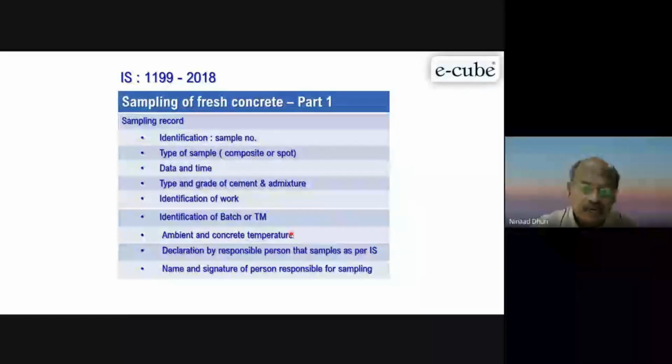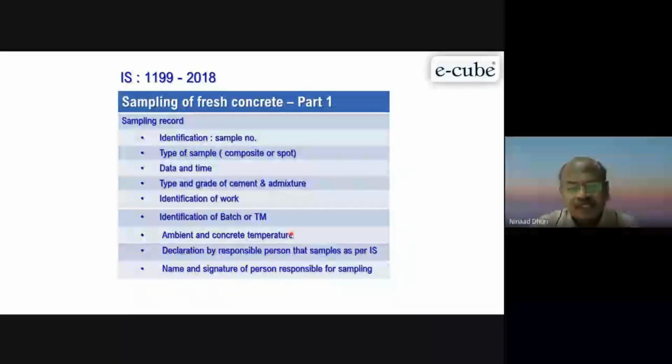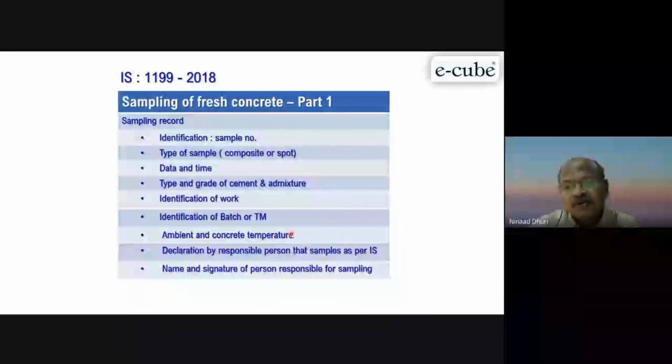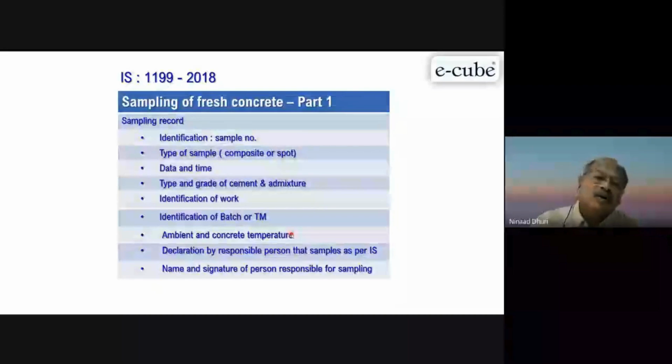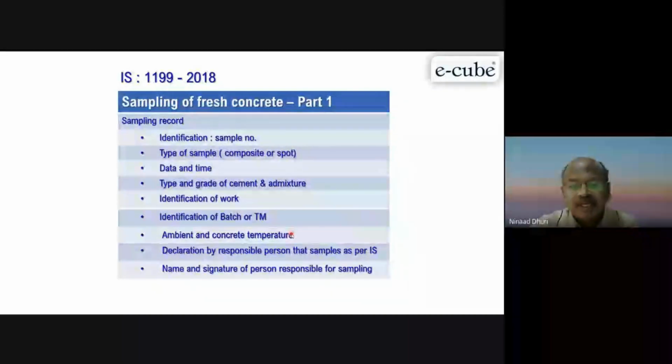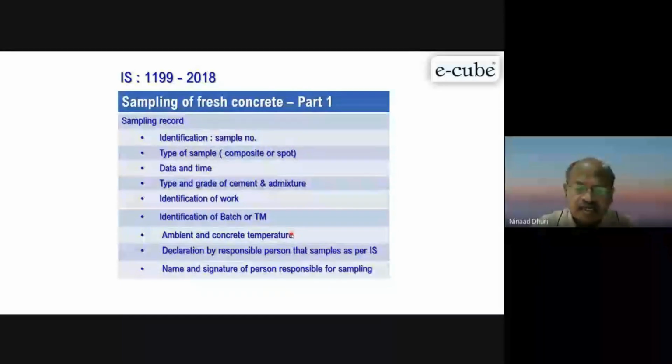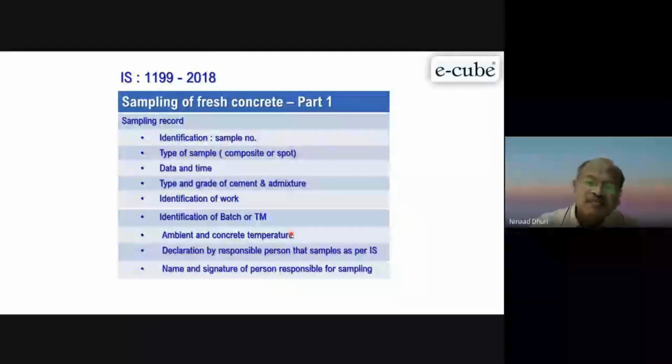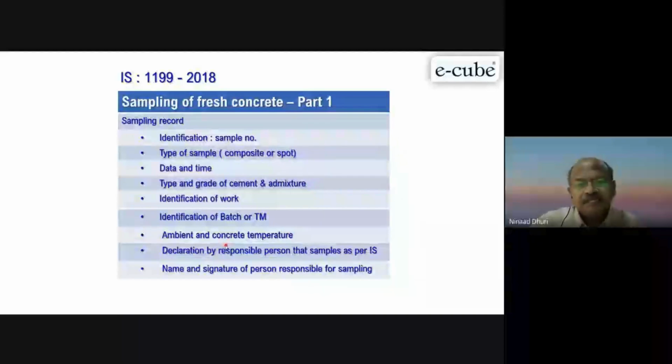Different codes are available for this, when you are working in cold temperature or hot temperature. In the month of May, the ambient temperature may be 45, 50 degrees. So there are norms specified by the Indian Standard, and guidelines are available. You have to follow those guidelines. For that, you must know the temperature of the concrete, and accordingly we can take a call.